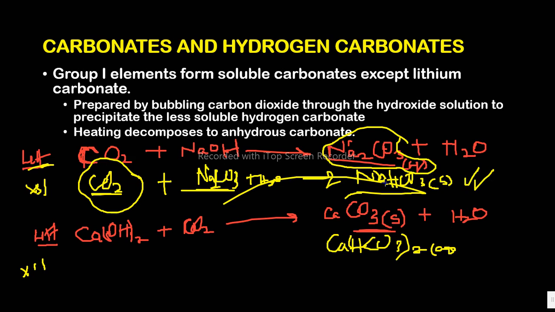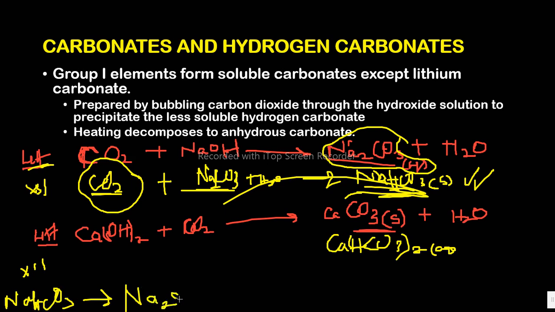Now, since carbonates of group 1 are stable on heating, we shall try to decompose our hydrogen carbonate. When the sodium hydrogen carbonate decomposes, it forms the sodium carbonate.